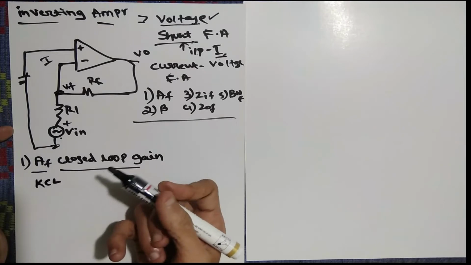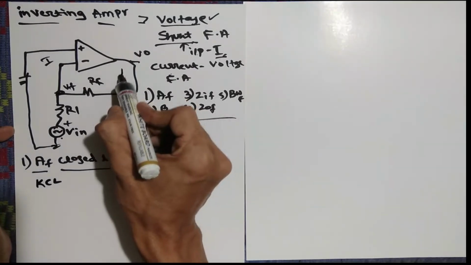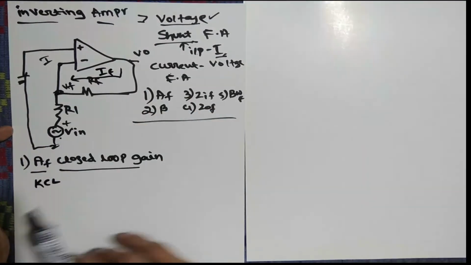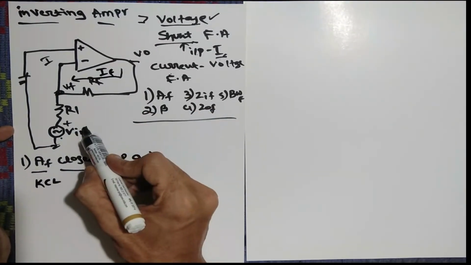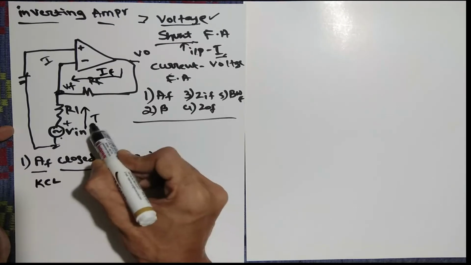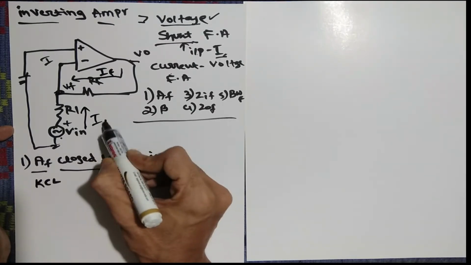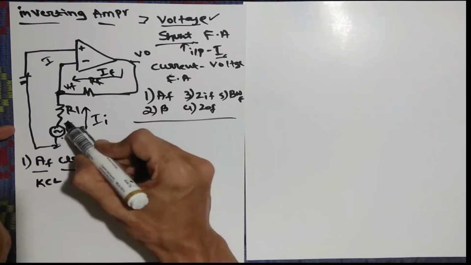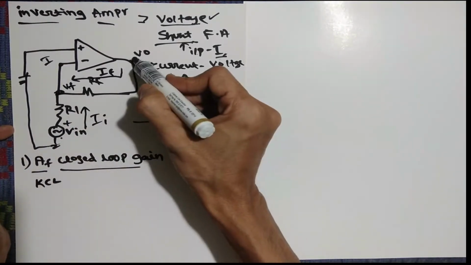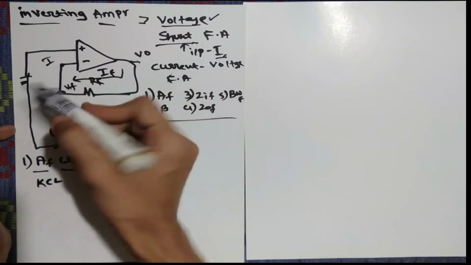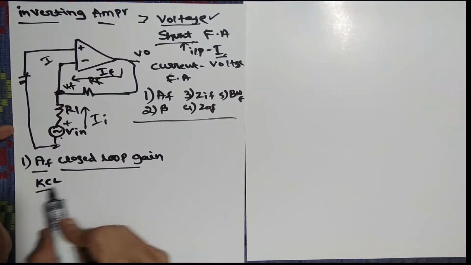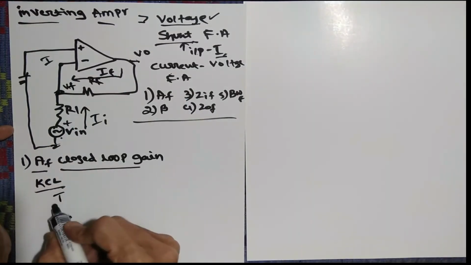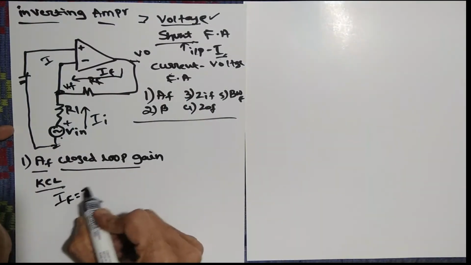What happens if I apply KCL here? Whatever current is there, we call this IF, because it is the feedback portion, and the current here we call II, or you can also call it I1. Here I am calling it II. Because it is positive here, it goes in this direction, and from V0 it goes like this, so IF is in this direction. If I apply KCL, we know that current leaving and entering the node is the same, so IF is equal to II.